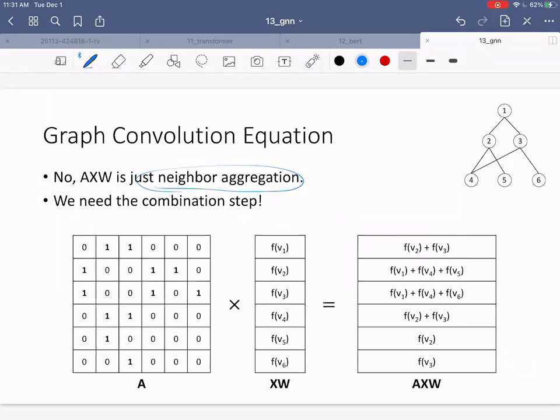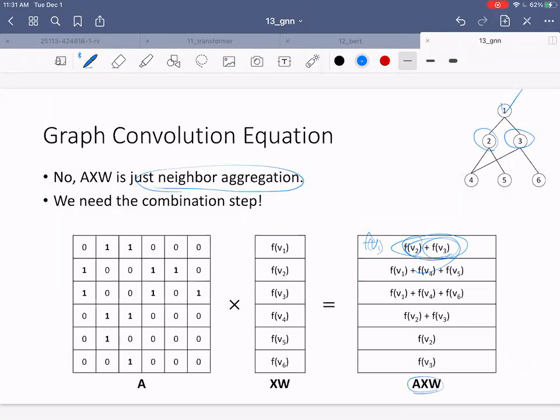We're looking at node number 1, but the contents of the potential H1 is just FV2 plus FV3, which are the neighbors of node number 1. So what we did with AXW is just neighbor aggregation, and we still need to somehow combine FV1 with these, at least sum them up, or do max pooling or mean pooling or something.